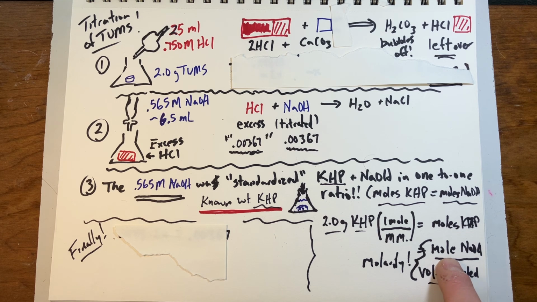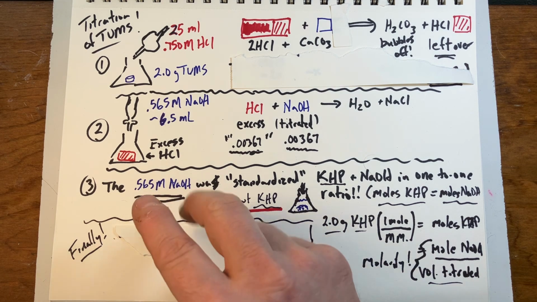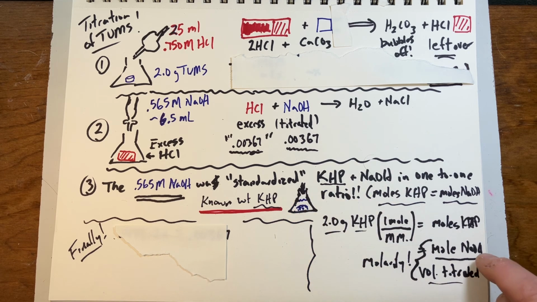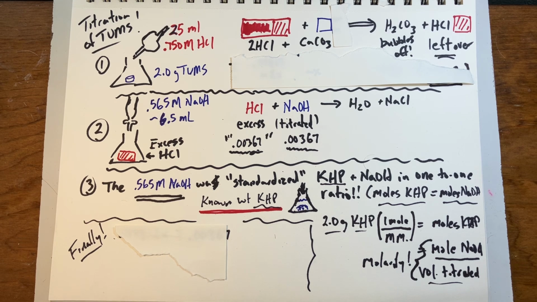Then the moles of NaOH divided by the volume titrated, if you know the volume titrated and you know the moles already, you can determine the molarity. So we've standardized our NaOH solution with KHP, and you'll label your NaOH with that particular molarity.